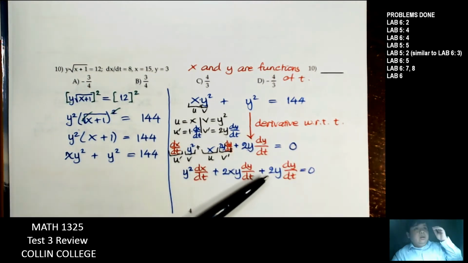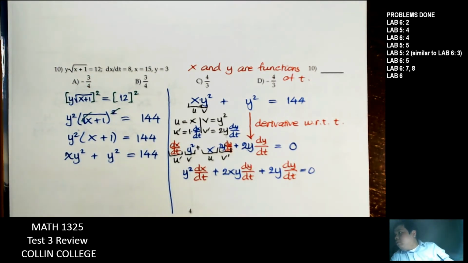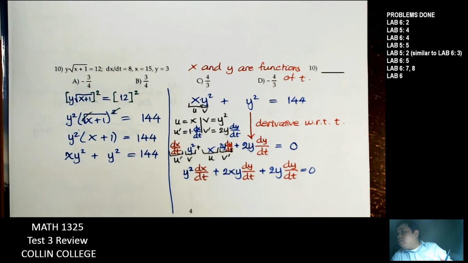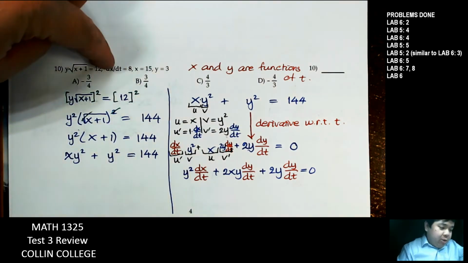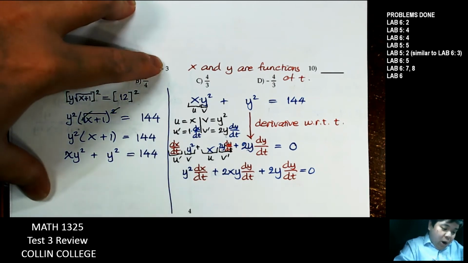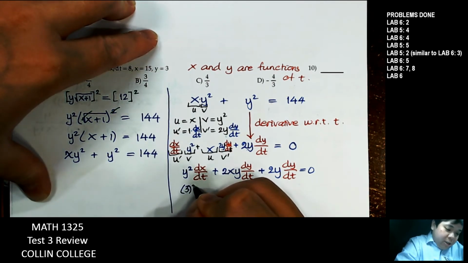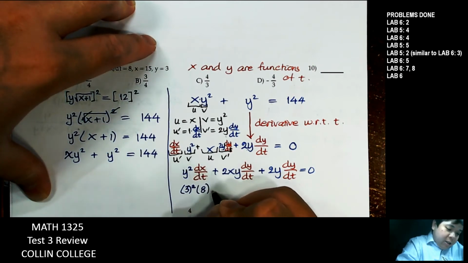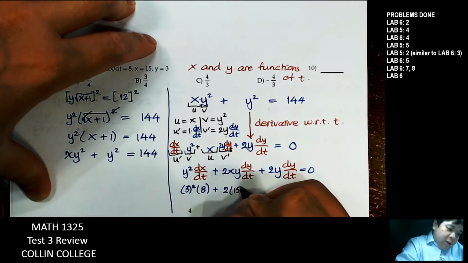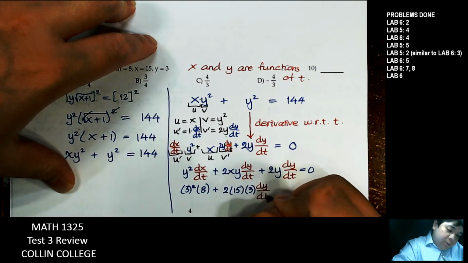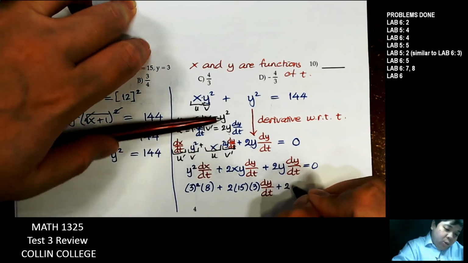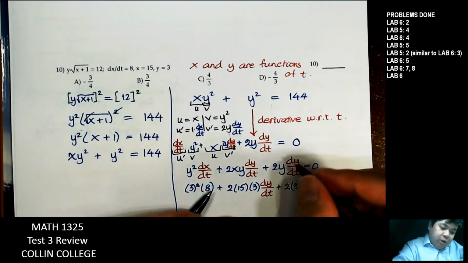We have y squared dx over dt, plus 2xy dy over dt, and then plus 2y dy over dt. Yeah, I need to adjust the focus a little bit. It looked a little blurry earlier.